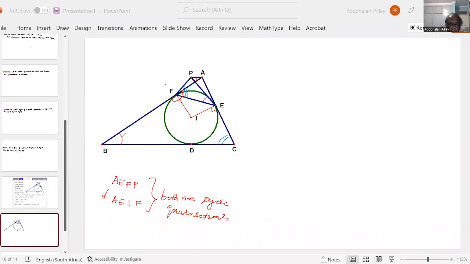And now we were given that this angle is equal to this angle, and this angle is equal to this angle because it's cyclic. This means that when you join PA and BF, now look at the picture there, you will see that that angle and that angle are alternate angles.